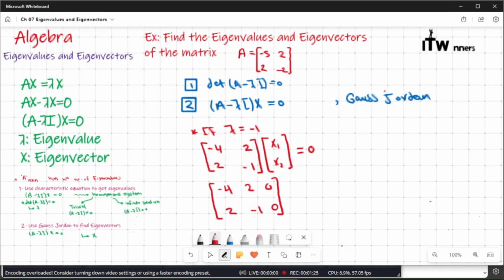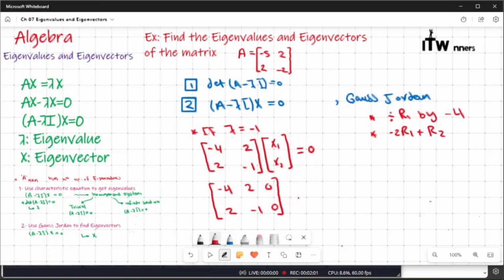Okay, make row operations. Divide the first row by negative 4 to make the first element equal to 1, and multiply the first row by negative 2, then add to the second row.